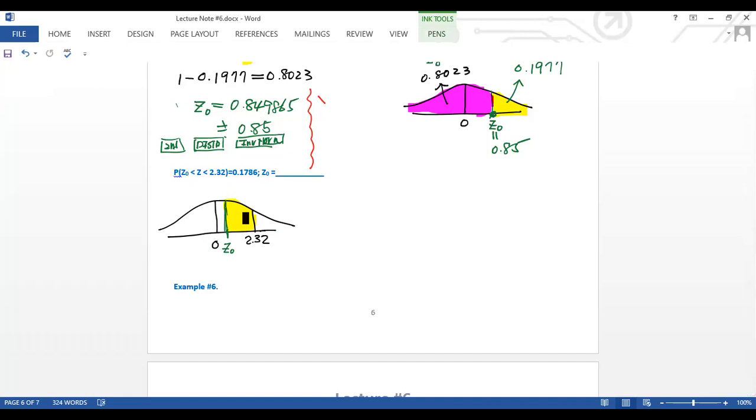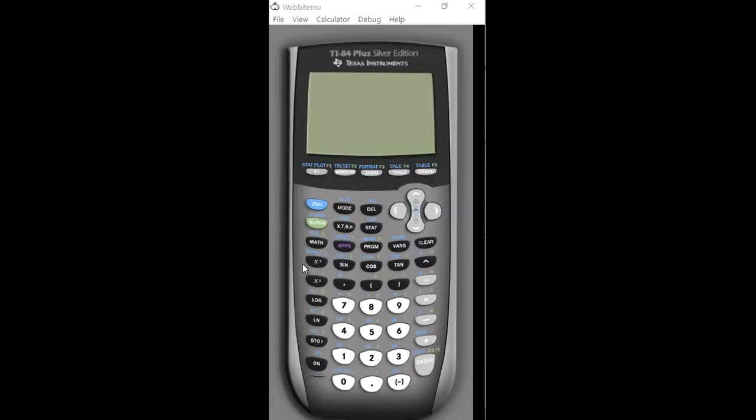Let's go ahead and take a look at the TI-84 calculator. So on the TI-84 calculator, let's turn that on, clear that. Because they give us 2.32, I say second distribution. Now I go to normal CDF.